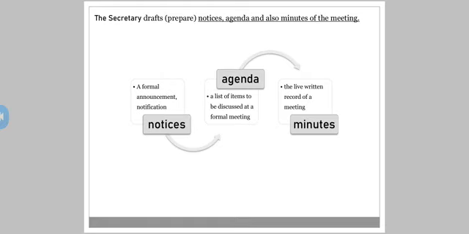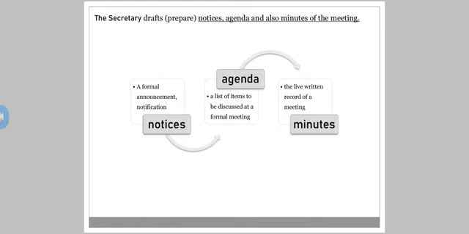I am going to discuss the progress of the company, appointment of new directors, and the salary or the remuneration. So now these are the three important topics I'm going to discuss in the meeting. These three important topics are nothing but the agenda of the meeting. That is the topic I'm going to talk on, a list of items to be discussed at the formal meeting.